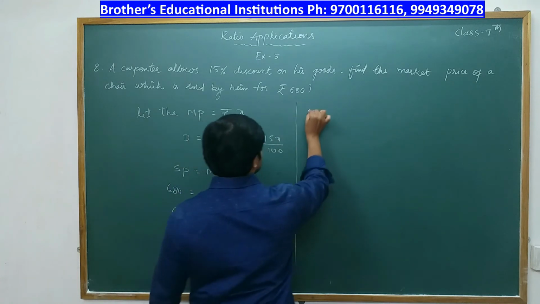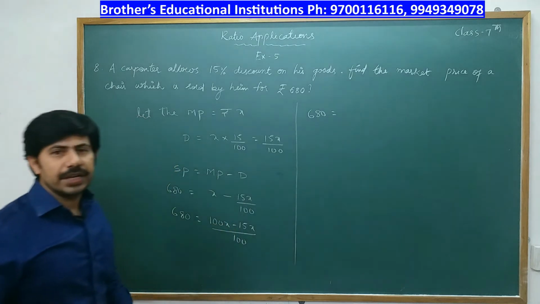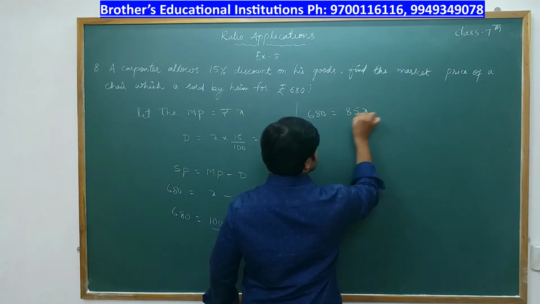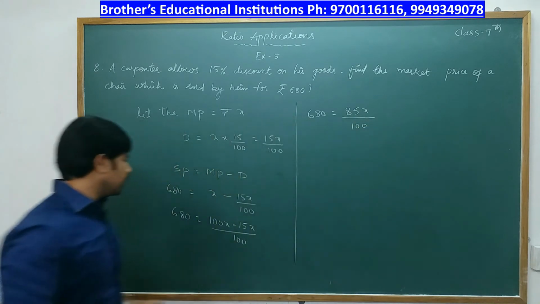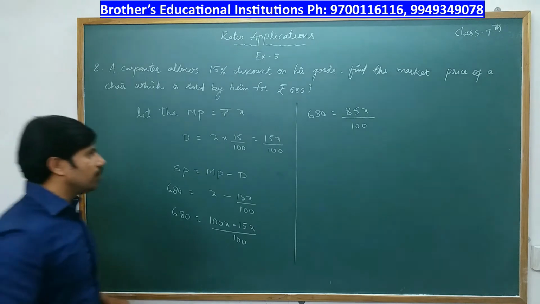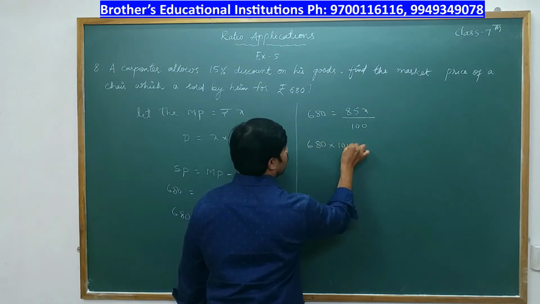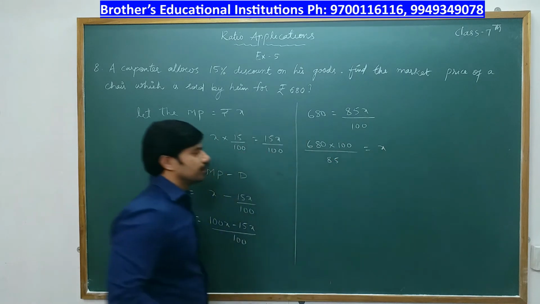So we get 680 is equal to 100x minus 15x is 85x, so 85x divided by 100. So we have to calculate x. So it is 680 into 100 by 85 is equal to x.